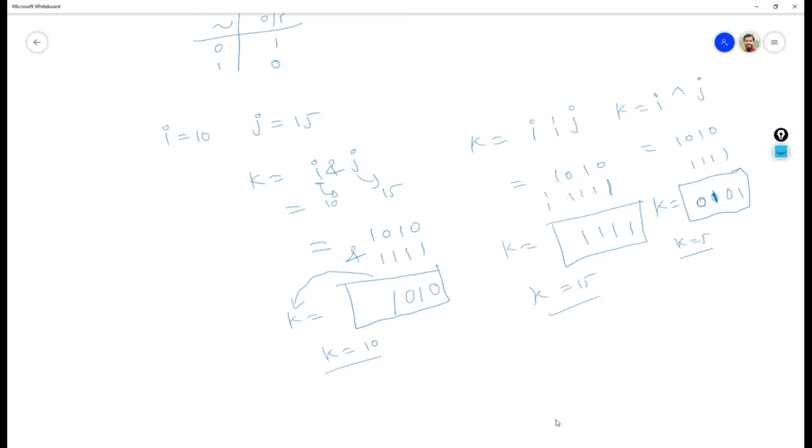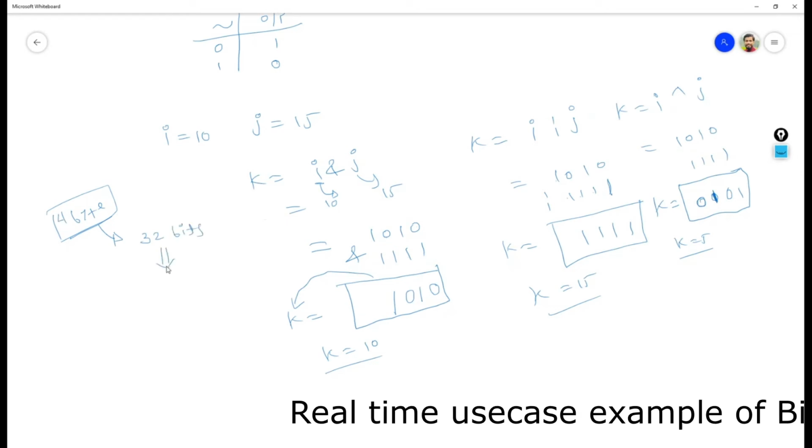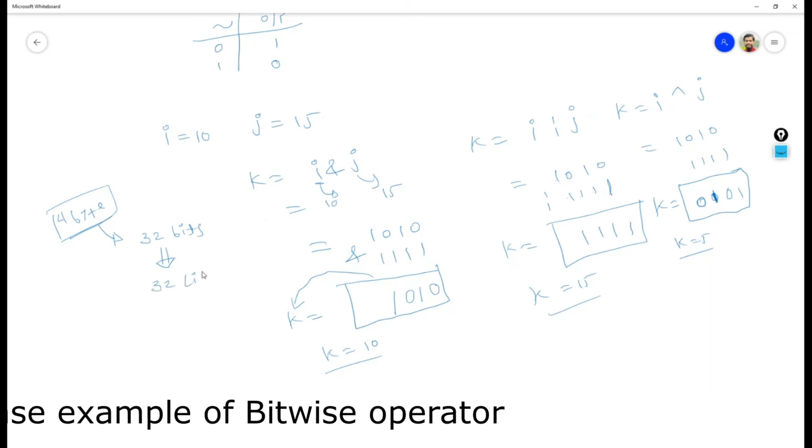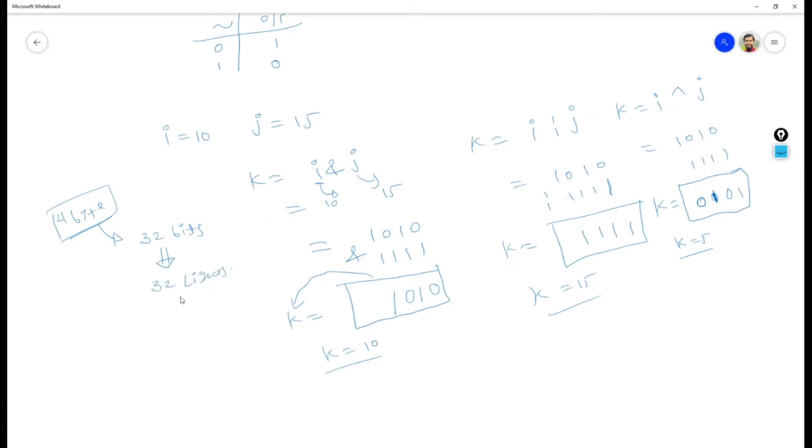Why is the bitwise operator very important? So we have 1 byte data or 4 byte data. In 4 byte data, how many bits do we have? 32 bits. So we have 32 lights, 32 outputs. Each and every bit is important for us, so we have to perform tasks on each and every bit. At that time we use the bitwise operator.